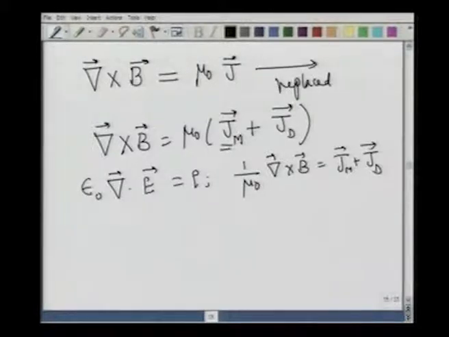Now, again you do delta rho by delta T, and so on. And what is my driving equation? Delta rho by delta T plus divergence J m equal to 0.